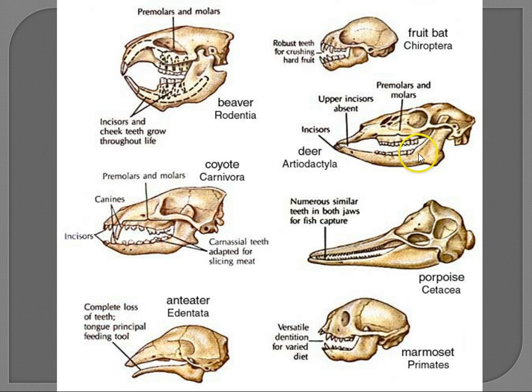Here you have a deer, yeah, flat grinding teeth. Here you have a coyote, and the coyote has also these nice pointy tearing teeth. A porpoise actually has these nice little pointy peg teeth, in some ways reminiscent of reptilian teeth actually, but still pointy, pointy, pointy. And then the marmoset here is an omnivore, right?